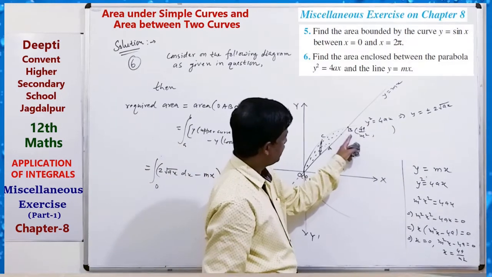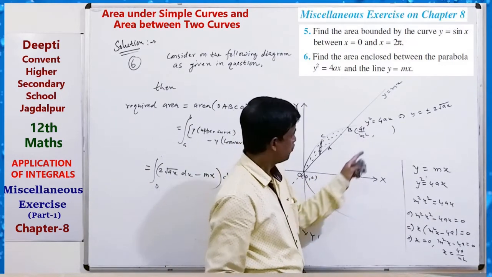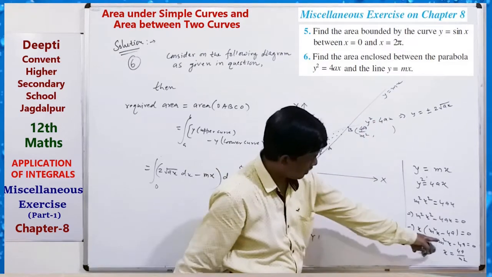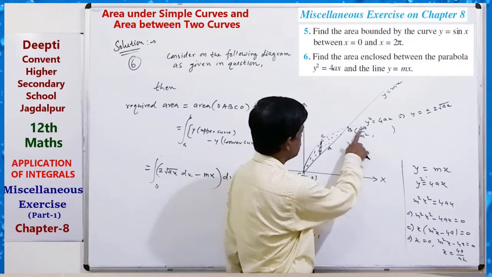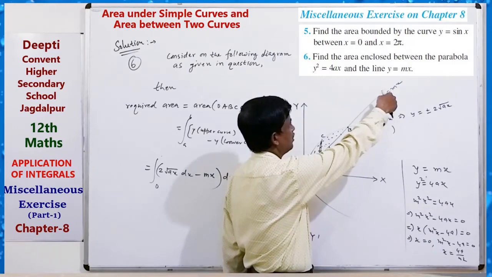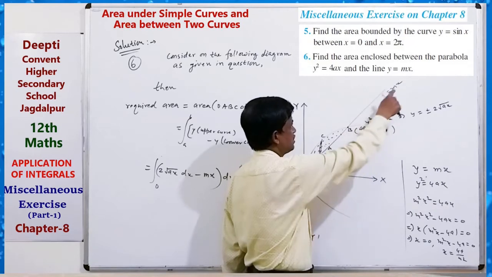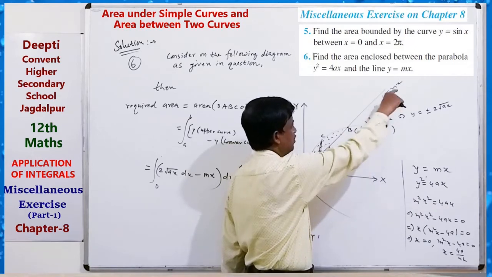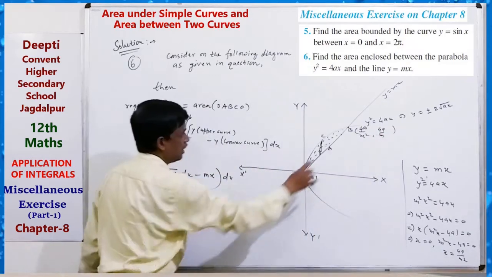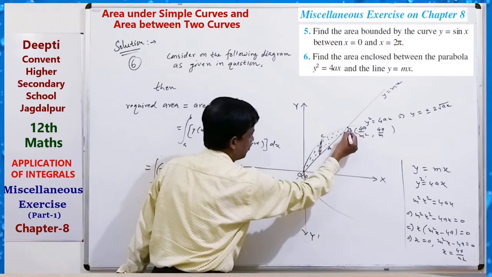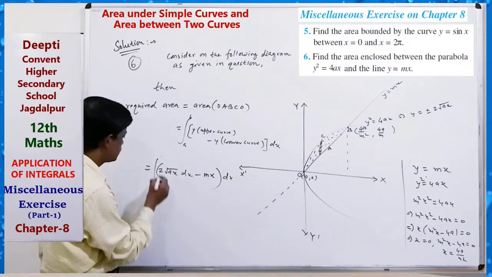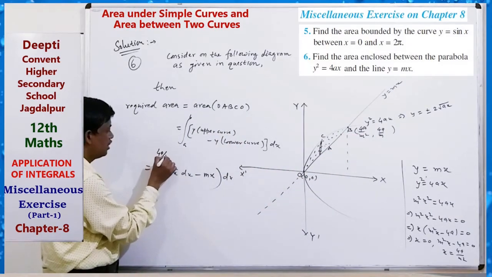If x equals 4a by m square, then y equals mx, m cancels, so 4a by m. So the limit will be up to 4a by m square.